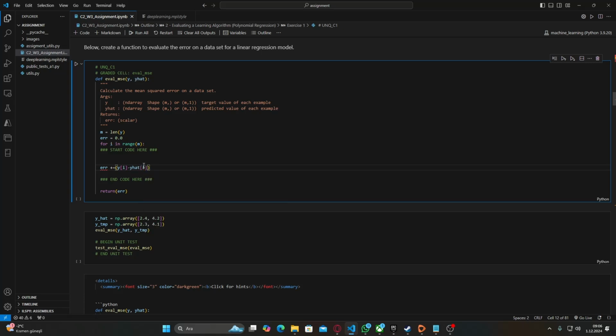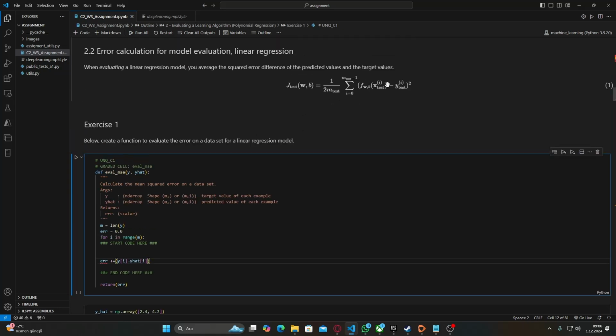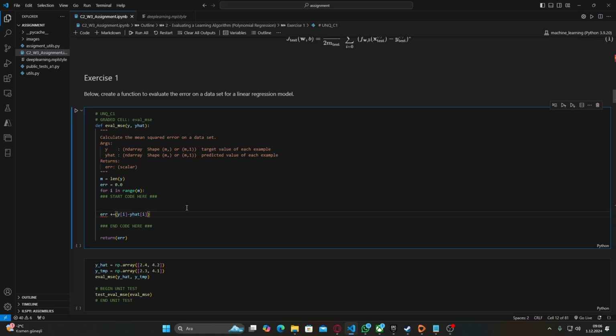It's always adding this one. And is this a square root? Yes, this is a square, so I'll just square it.